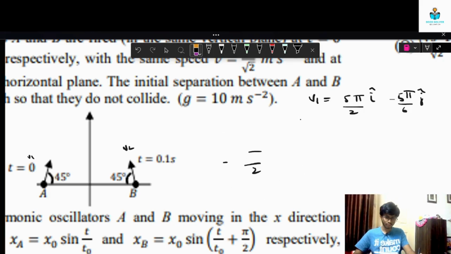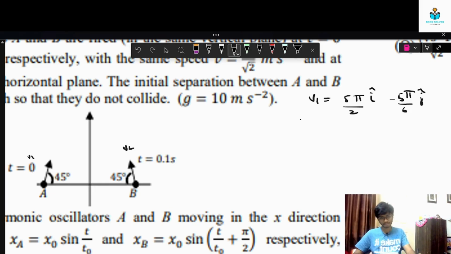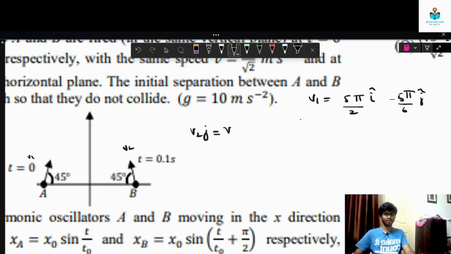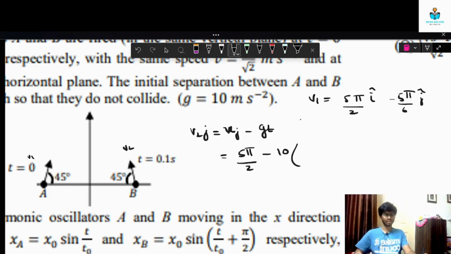Next we check v2j. v2j again will be uj minus g t. uj is again 5 pi by 2 minus 10 into pi by 3 minus 1 by 10.